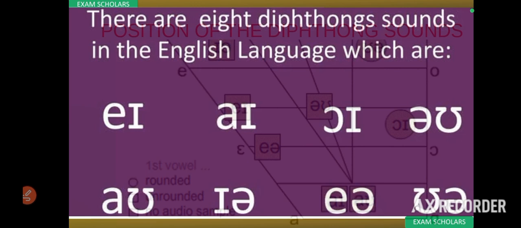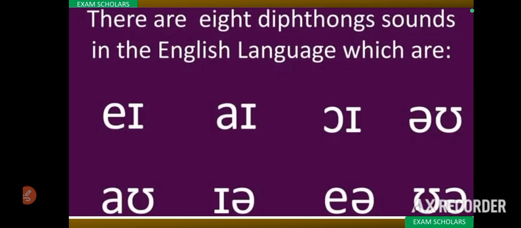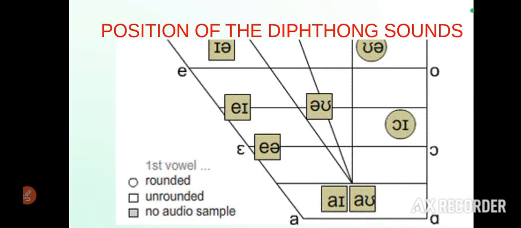Here is the position of the diphthong sounds in our tongue. We see the rounded diphthongs, the unrounded, and the diphthongs are positioned in our tongue the way they appear. We see the sounds.